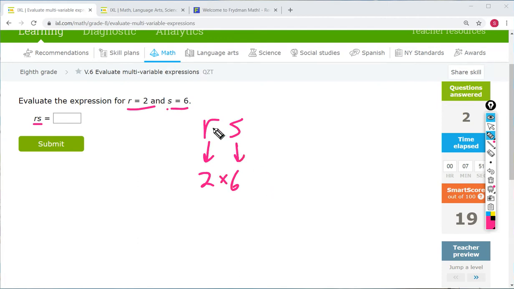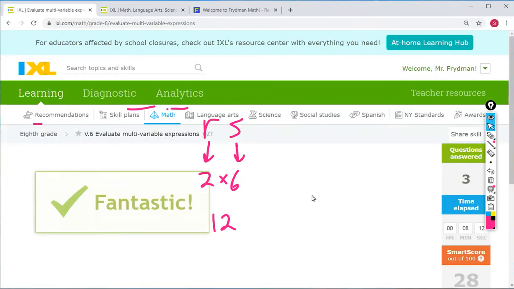Remember, if they're right next to each other, there's no addition symbol in between, there's no subtraction symbol in between, then we are multiplying them together. So 2 times 6 is 12. Both of these numbers are positive, so there are no tricks yet with positives and negatives. The answer there is 12.